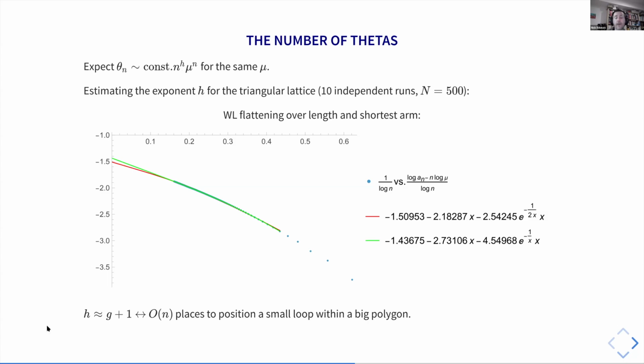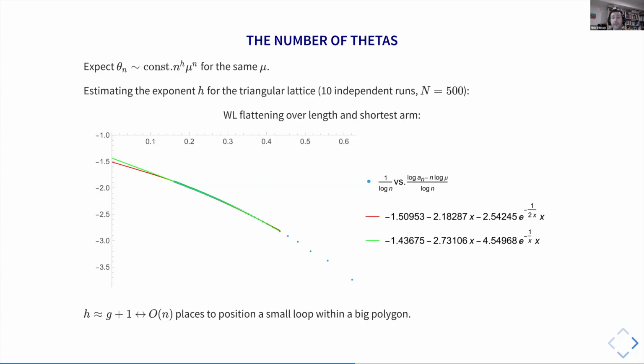And that makes sense if my average picture of a theta is a big loop with a little tiny loop inserted inside. I've got my 2 vertices at degree 3 and they're quite close together. I've got 2 little short arms joining them and then 1 big long thing elsewhere, because the idea is that I've got sort of a big polygon with a little thing inserted inside.